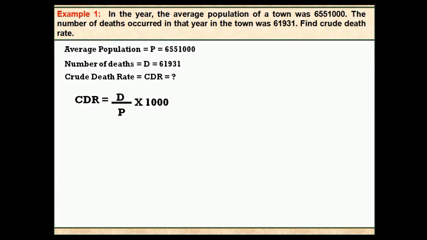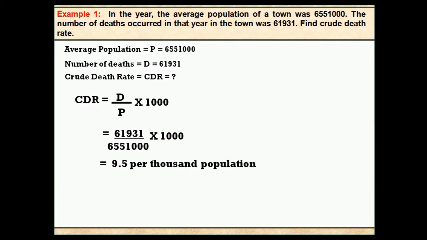CDR equals D divided by P into 1000. We know that D value is 61,931 divided by 65,51,000 into 1000. Answer is 9.5 per 1000 population.